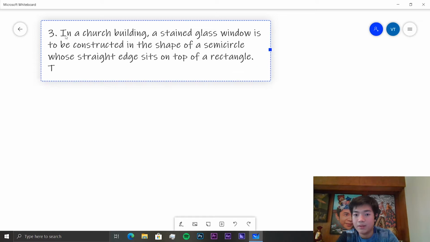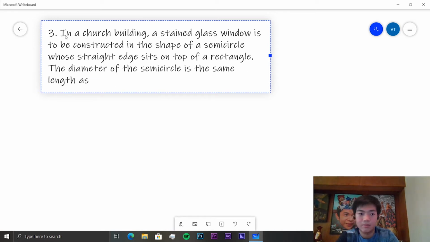The diameter of the semicircle is the same length as the horizontal sides of the rectangle.